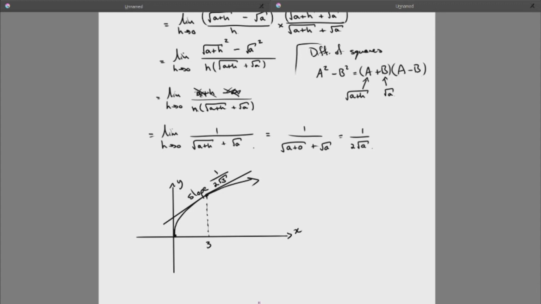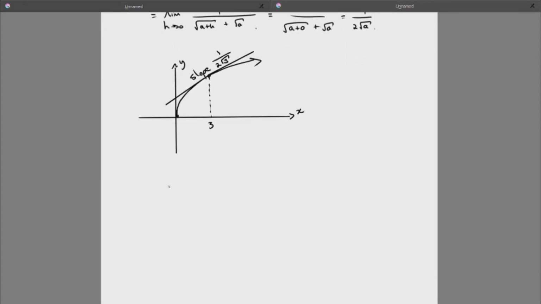I now have a formula for the derivative of the square root function in its basic form, but one step at a time. And you can be interested in any other x value, plug it in, you're done. So what is the link here really? Let me write this below here.